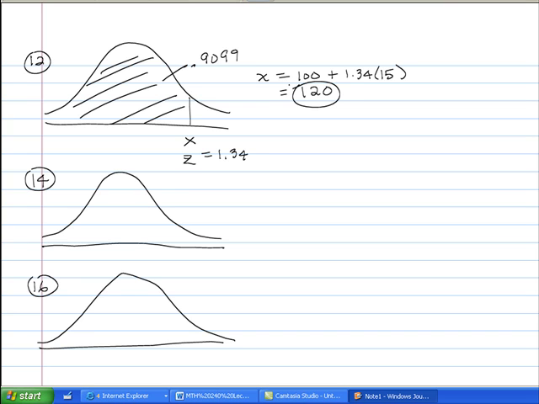Here's 70. So that's the area we're trying to find. So we need to change 70 into a z-score. We'll get negative 30 over 15, which is negative 2.